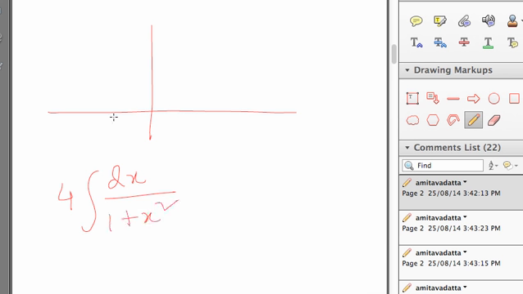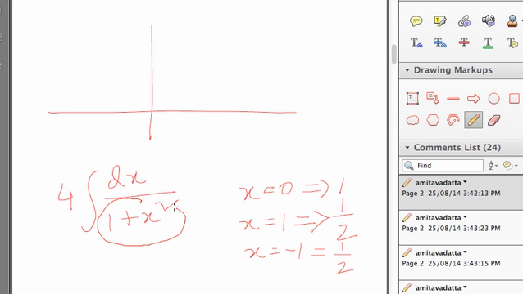If you see, when x equals 0, this is nothing but 1. And when x equals 1, this is nothing but half. And similarly, when x equals minus 1, this is also half.